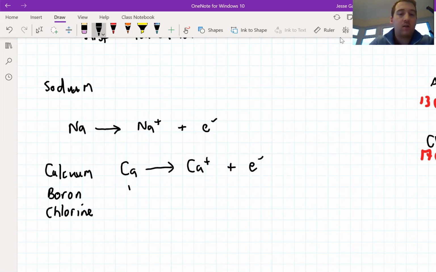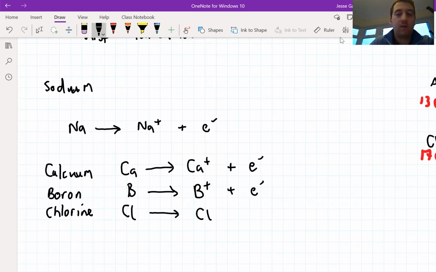Boron has a capital B, so this is a boron atom becoming a boron plus ion, a monopositive boron, and an electron is also produced, and it's given off to another atom. Chlorine has the symbol Cl, and this is a chlorine atom becoming Cl plus, a monopositive chlorine, plus an electron, like that.